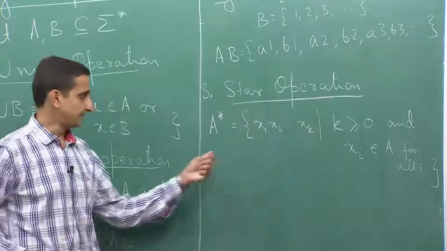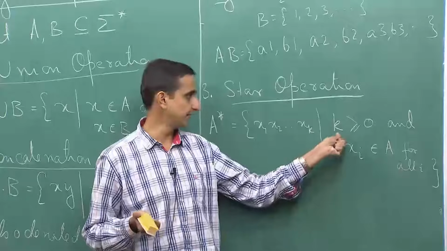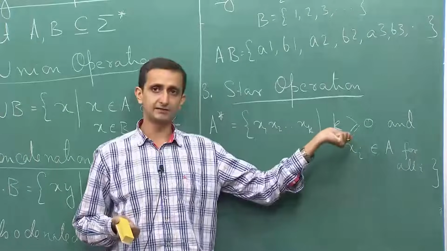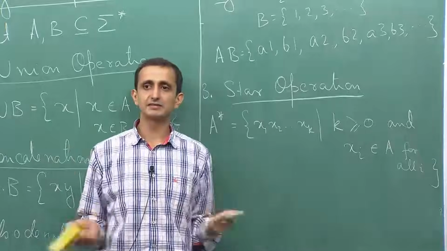Okay. So, basically I take some k strings, okay, and k need not be a fixed number, k can be any number that is greater than or equal to 0. I take k strings and I concatenate them and I just keep on building.